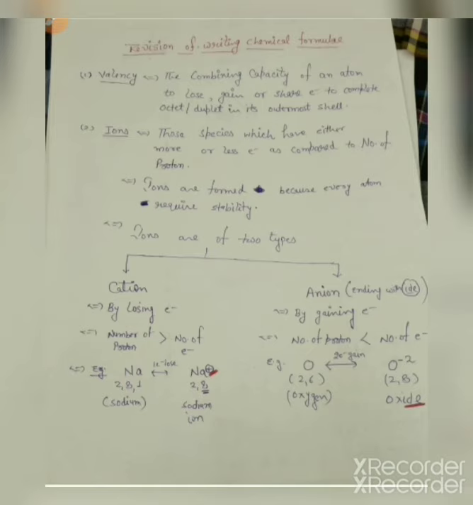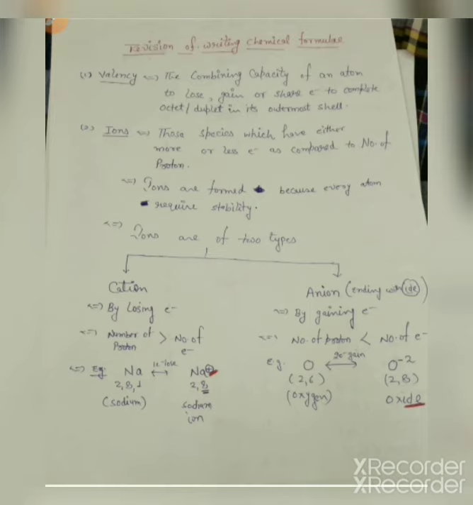So to become stable, it will lose one electron from the outermost shell and form sodium ion. You can see on your screen the sodium ion, its configuration is 2, 8. So this is how cations are formed.